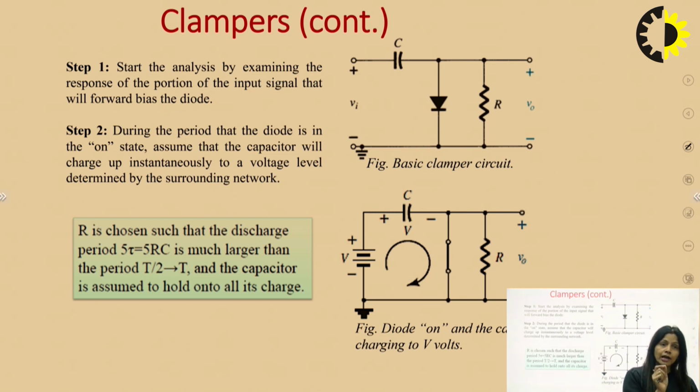To whatever value the capacitor has been charged in step 1, let that value remain on the capacitor in step 2. You have to take the voltage across the capacitor same as you have calculated in step 1.